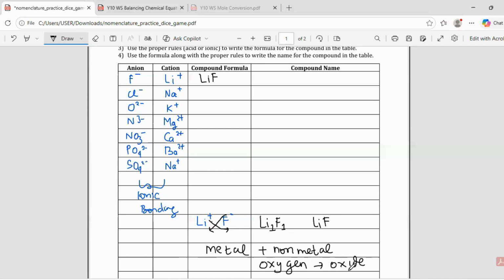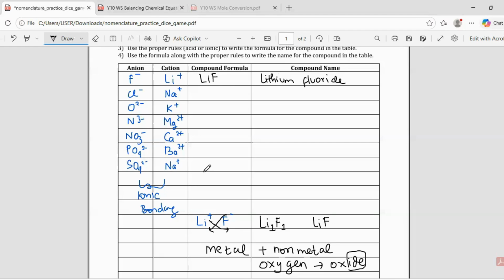So we will use -ide to replace the last few letters in the name of the non-metal. So for LiF, the name will be lithium fluoride. Before we had fluorine, now we change it to fluoride.